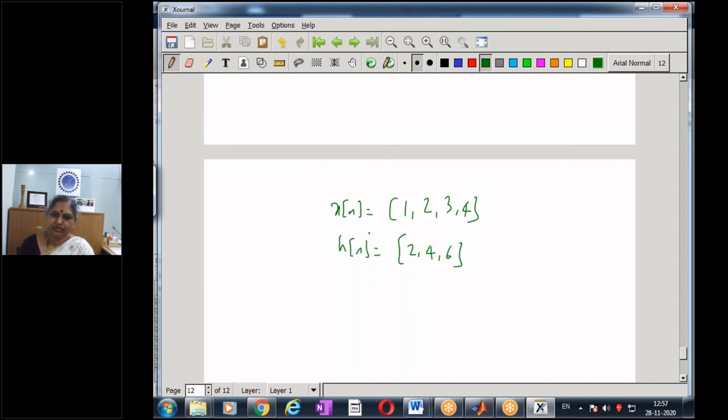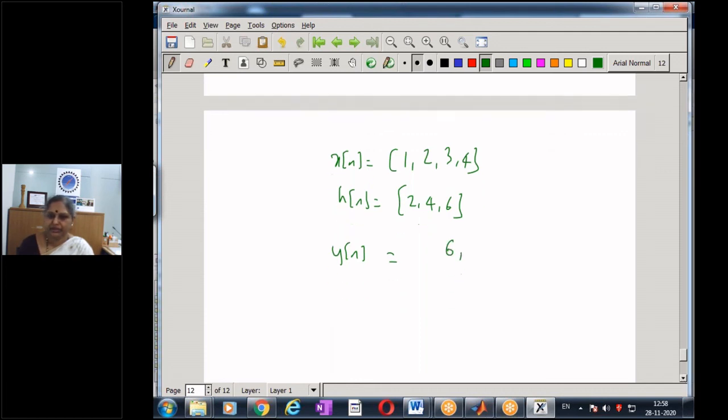Now we know that the convolution of the above two sequences is going to be a sequence of length 6. So I need to compute a 6-point DFT of x of n, and that gives me X of k.